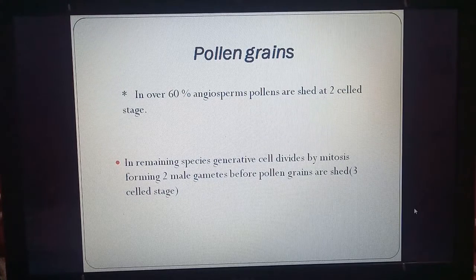But in the remaining angiosperms, the generative cell divides by mitosis and forms 2 male gametes before pollens are shed. So there is a 3-celled stage. What will be the 3 cells? One vegetative cell, and 2 male gametes. Okay children, thanks.